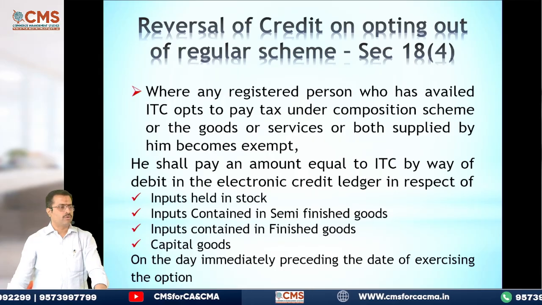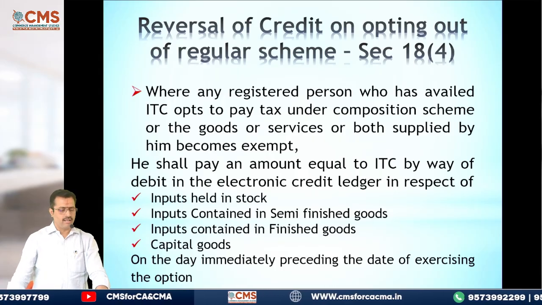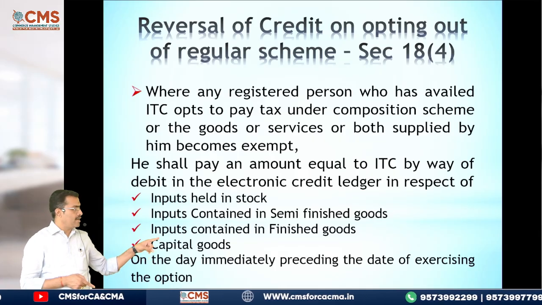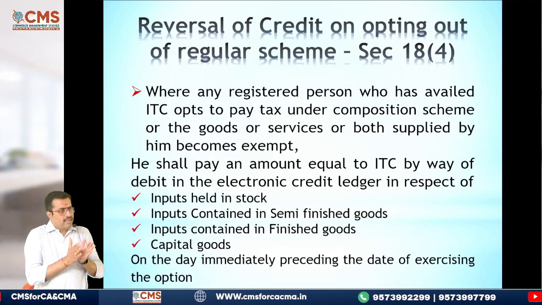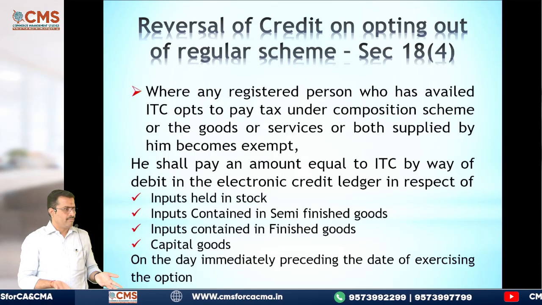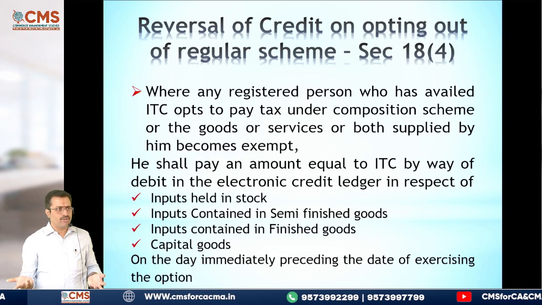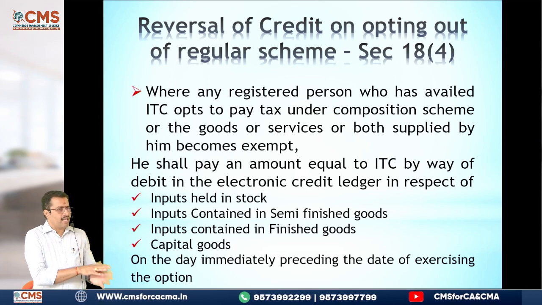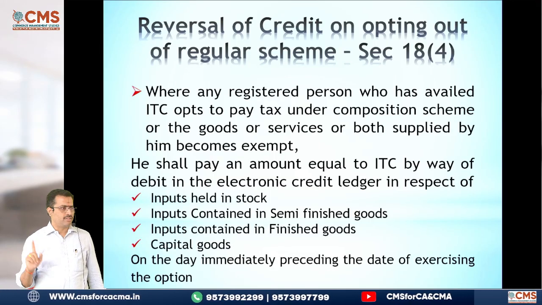Again, inputs held in stock, inputs contained in semi-finished goods, inputs contained in finished goods, and capital goods, on which day? On the day immediately preceding the date of exercise of option. I already told, till 31st March you are not eligible to avail. From 1st April you are going to the composition scheme. Till 31st March, whatever input was there, please reverse it as on 1st April and then only go to the composition scheme.